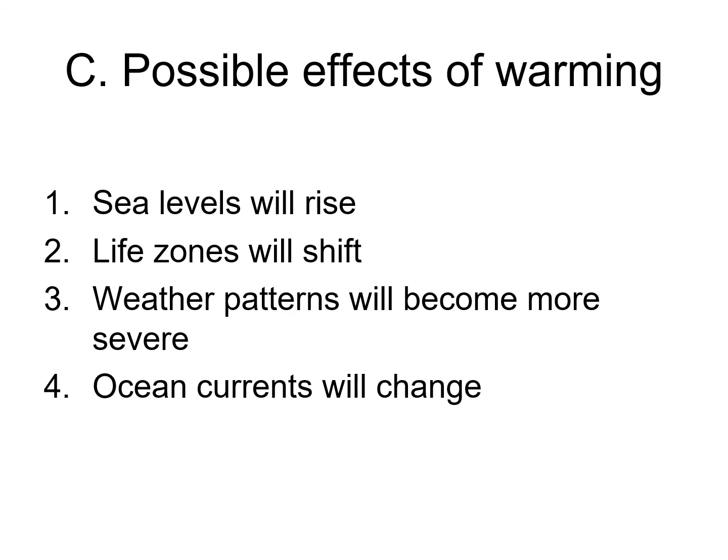So if ocean currents shift, whole continents could be experiencing significant changes to the maximum and minimum temperatures in summer and winter. Ocean acidification is something we've talked about previously, and we'll revisit that in the next slide.